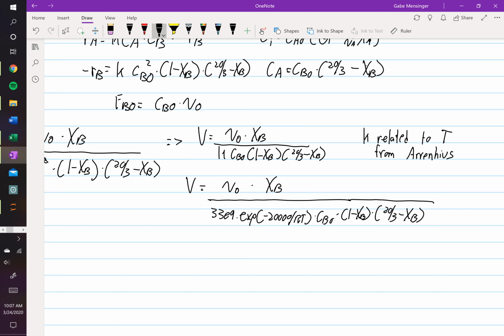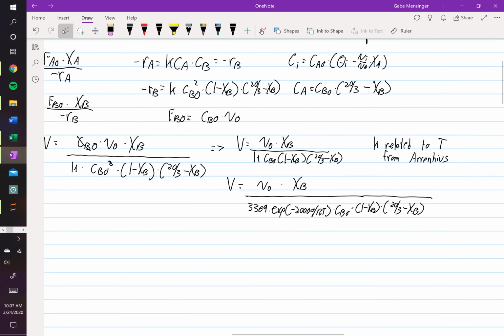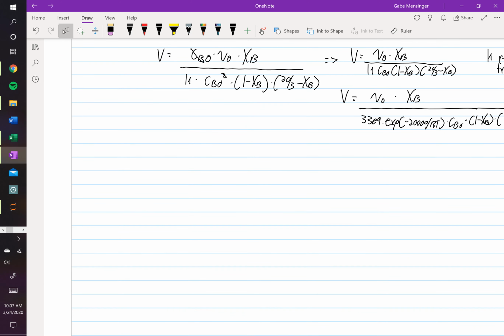And for the time being, that's how I'm going to leave the mass balance. We'll come back to it and solve it later, but we'll move on to the energy balance for now.